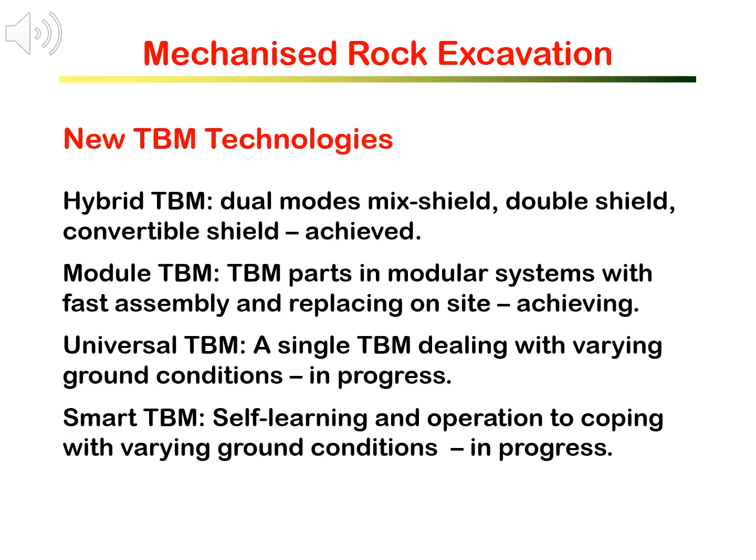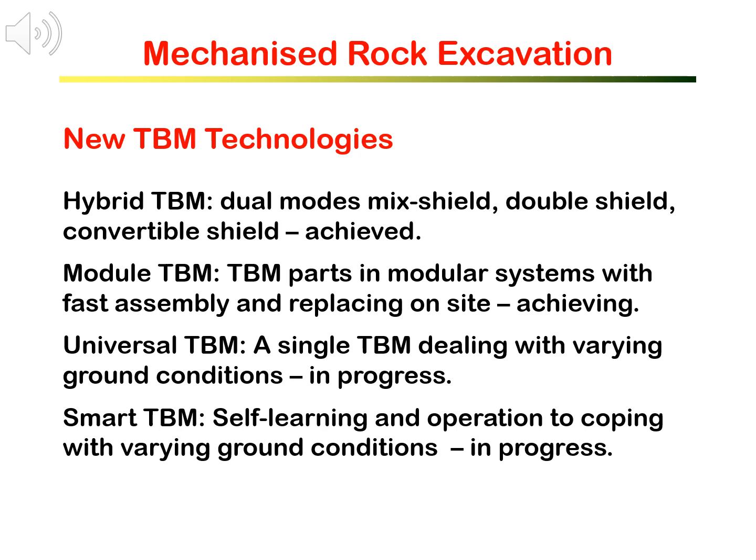TBM technologies have been developing rapidly in the last 50 years and are continuing. The new foreseeable TBM technologies are: 1. Hybrid TBM, for example, dual modes of mixed shield, double shield, EPB slurry convertible shield.